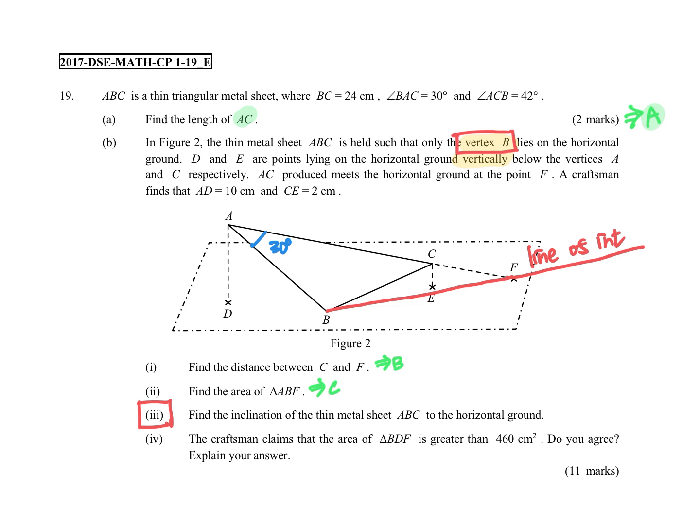But here we need the height, the normals, so we need to extend this line to somewhere H such that AH is perpendicular to BF.